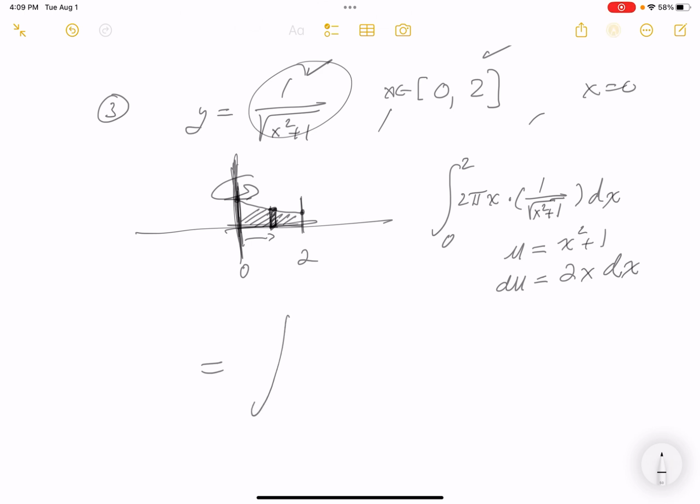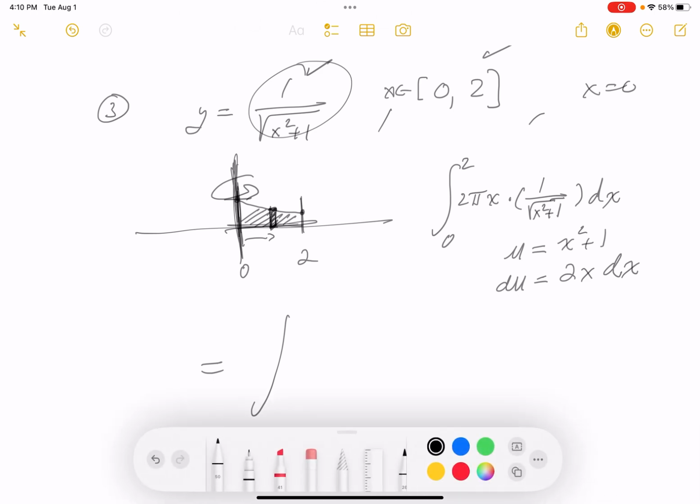So I want to look around, and I'm going to point out what I'm looking for. The first thing I'm looking for is the differential. I see the 2, I see the x, and I see the dx. So 2x dx. What's that equal to? du. I'm going to write that down now. All right? What else do I see?